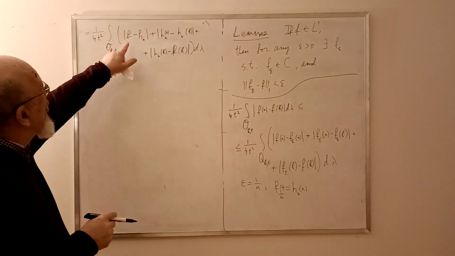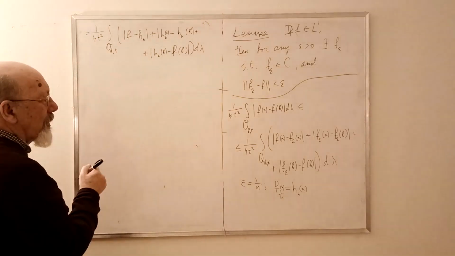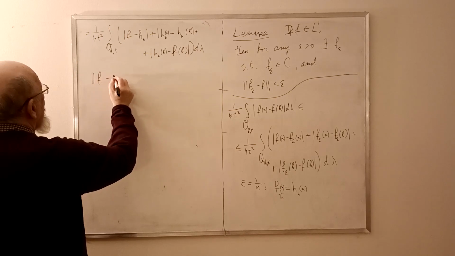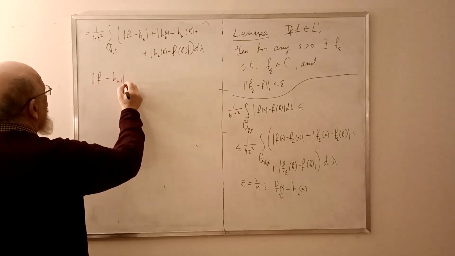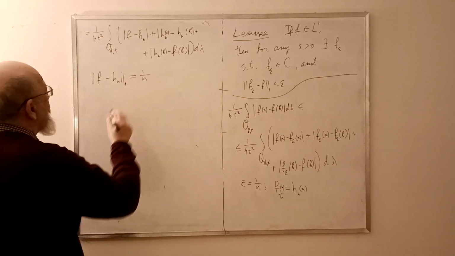We know that the norm of f minus hn in L1 equals 1 over n.